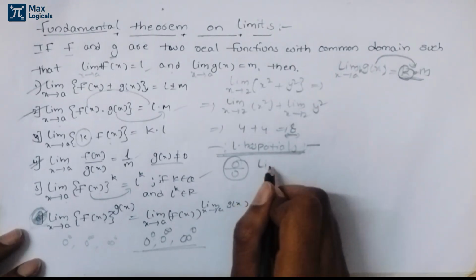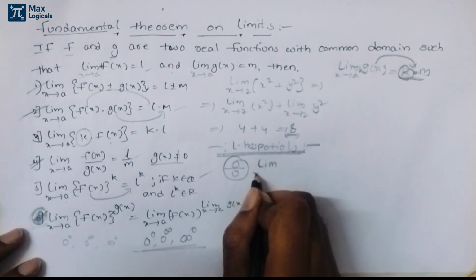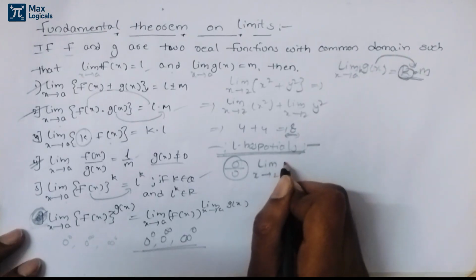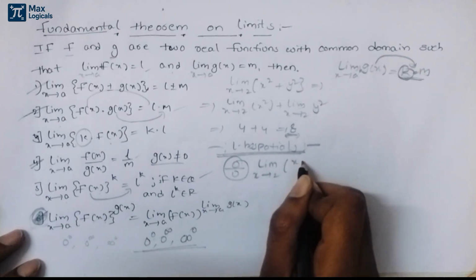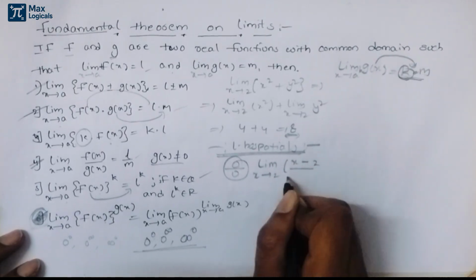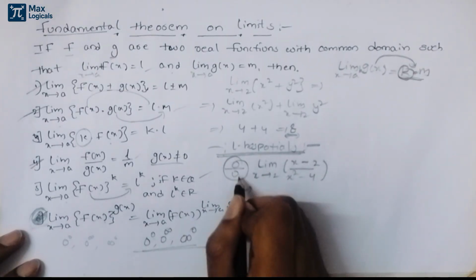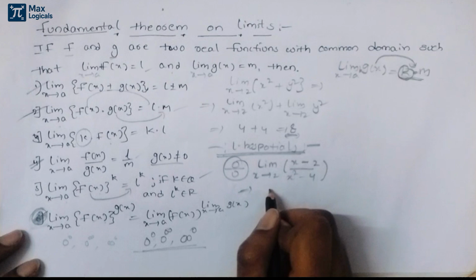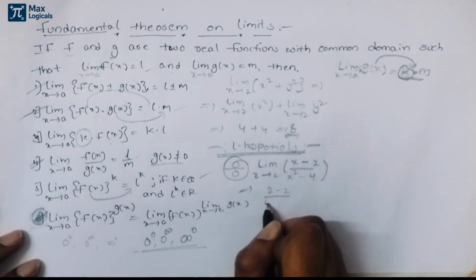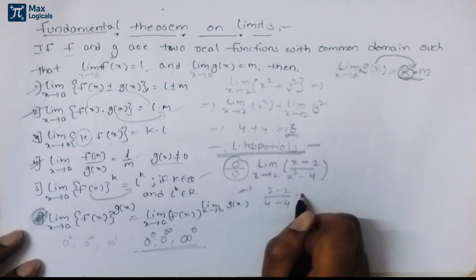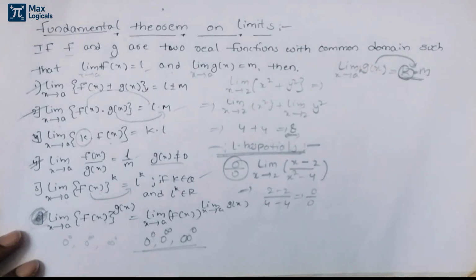Let me take one example: the limit as x tends to 2 of x minus 2 by x square minus 4. First we substitute x equal to 2, that is 2 minus 2 by 2 square minus 4, that is 0 by 0.